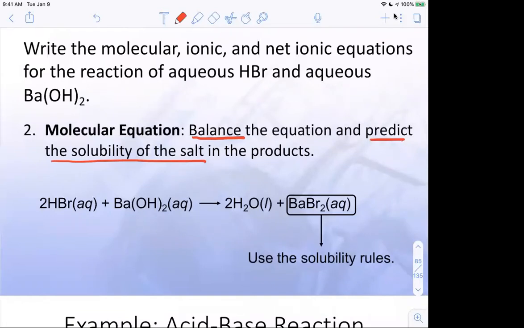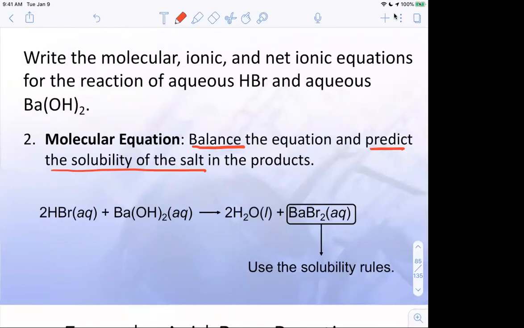I am going to form an aqueous solution of barium 2+ and bromide ions, as well as liquid water. Now this is the molecular equation, because once I balance everything, this is how I would write the equation as if all of these different substances were actual molecules.